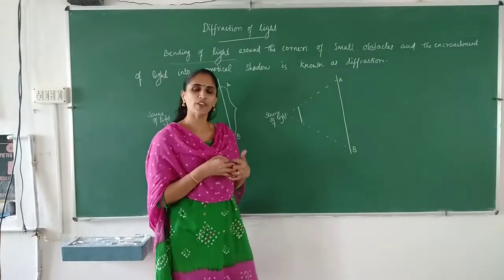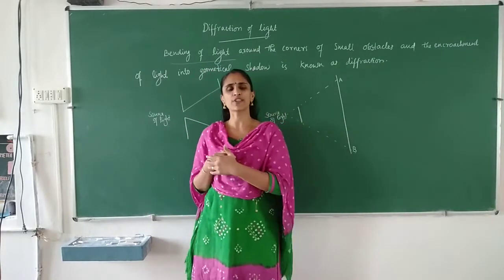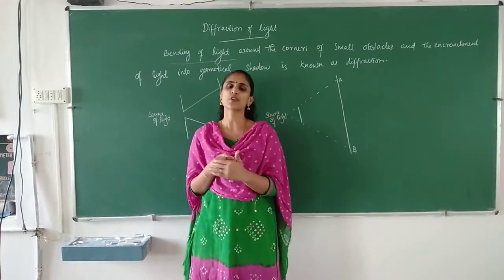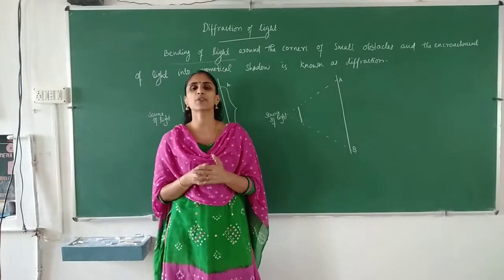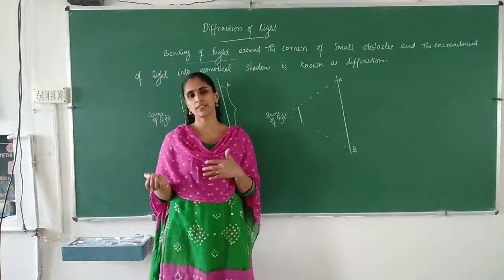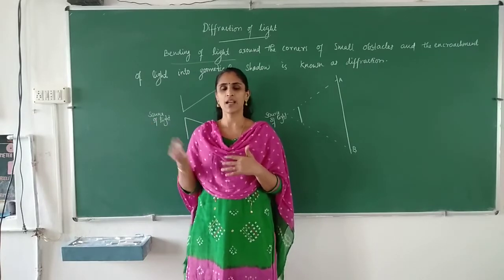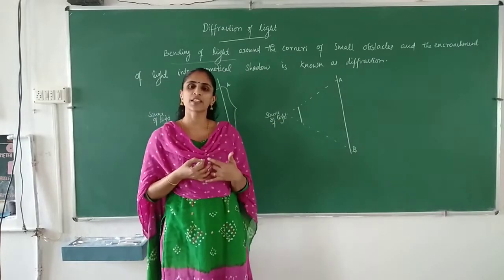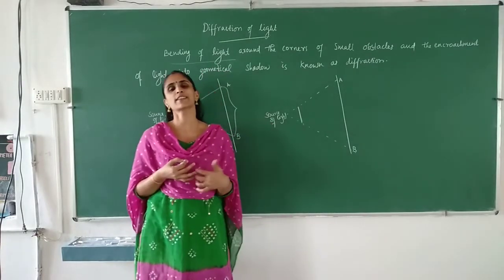But diffraction of light is very difficult to observe, because for diffraction to take place, the size of the obstacle or the size of the aperture should be comparable to the wavelength of light. In the case of sound, that is not an issue because the sound wavelength is very large. But in the case of light, the wavelength is of the order of 10 raised to minus 10 meters or 10 raised to minus 9 meters.